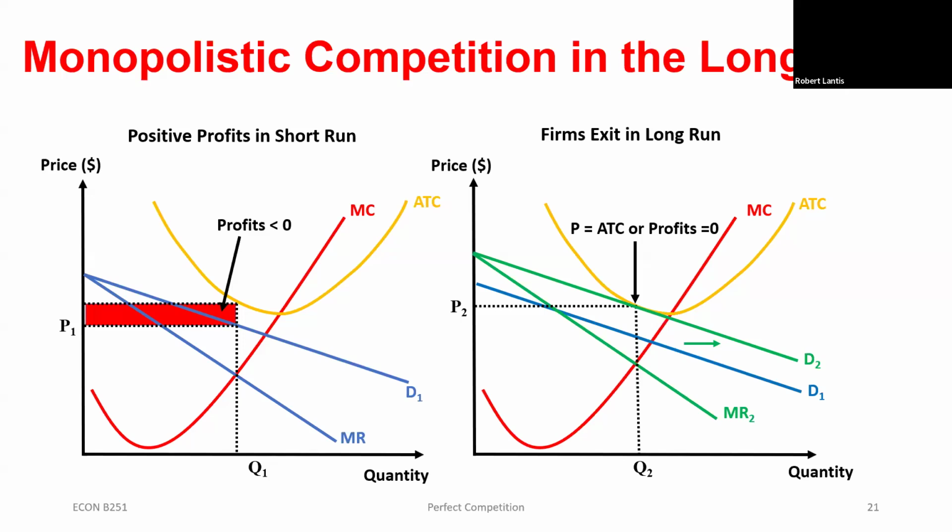So here, we're going to have another term that we'll talk about next class. We know the perfectly competitive market gets to this point, at the minimum point of the average total cost curve. The monopolistically competitive market will not be there. So we're going to call this difference in quantity excess capacity, right? So basically, our monopolistically competitive markets are not operating efficiently.